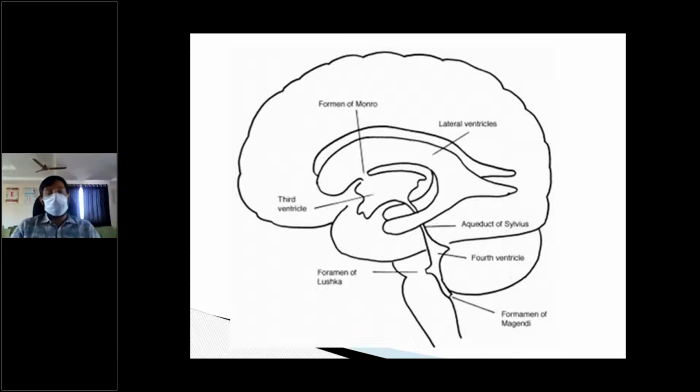The third ventricle is connected to the lateral ventricles by the foramen of Monro, and the fourth ventricle is connected to the third ventricle by the aqueduct of Sylvius. Any decreased absorption or increased production of CSF may cause dilatation of the ventricles, causing hydrocephalus.